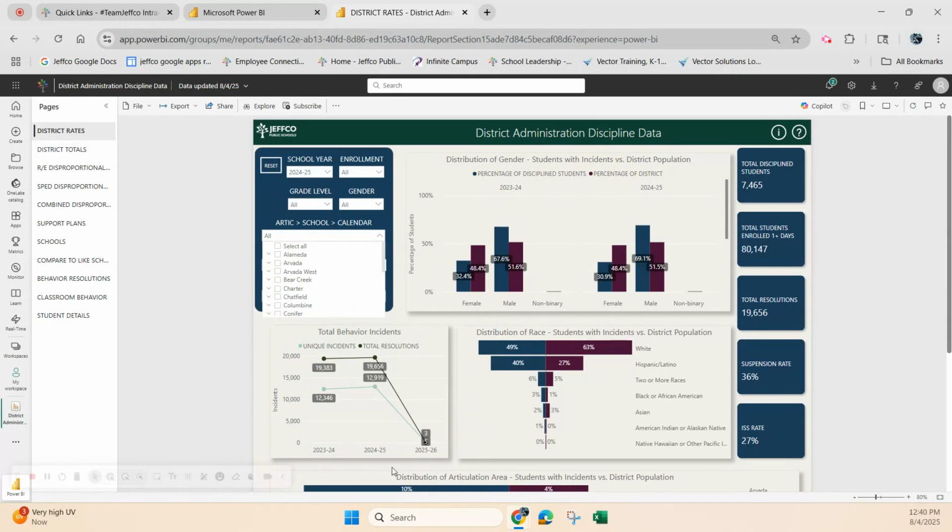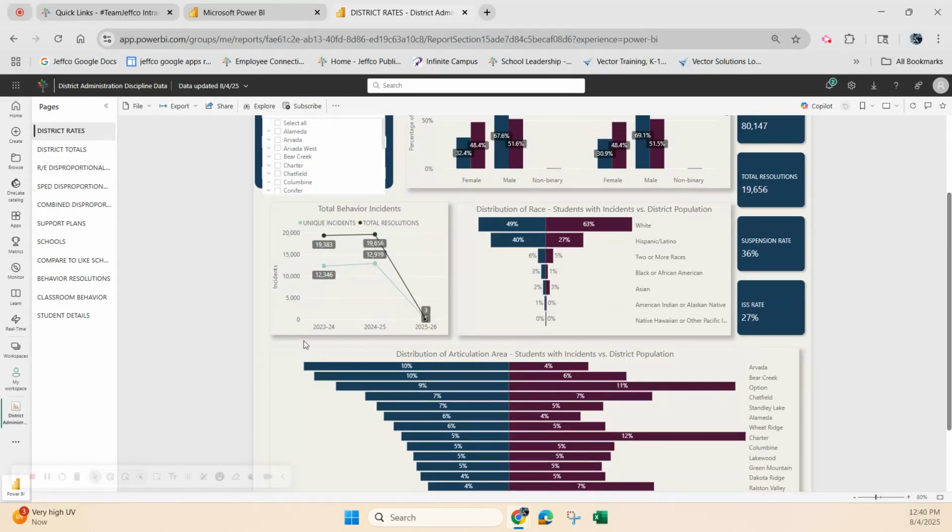Then we have our total behavior incidents and resolutions tile, which says in the 23-24 school year, we had 19,383 resolutions, which are responses like detention, ISS, suspension, out of 12,346 unique incidents. Each incident could have multiple events, which could have multiple resolutions per event, which is why this resolution number is always going to be higher than the incident number.